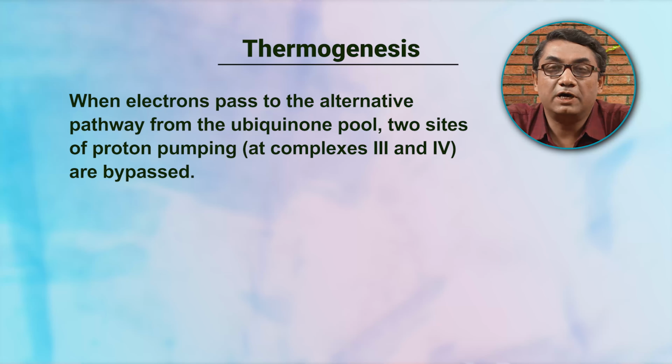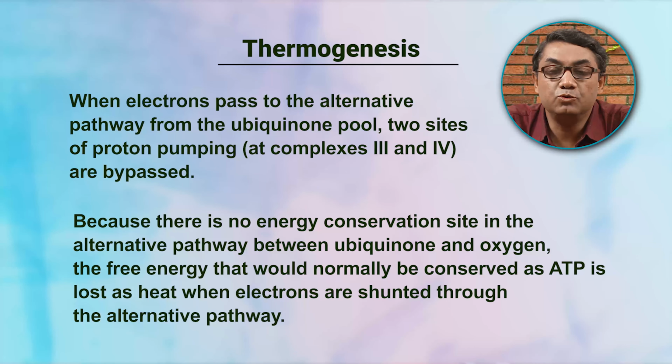When electrons pass to the alternative pathway from the ubiquinone pool, two sites of proton pumping, namely at complexes 3 and 4, are bypassed. Because there is no energy conservation site in the alternative pathway between ubiquinone and oxygen, the free energy that would normally be conserved as ATP is lost as heat when electrons are shunted through the alternative pathway.